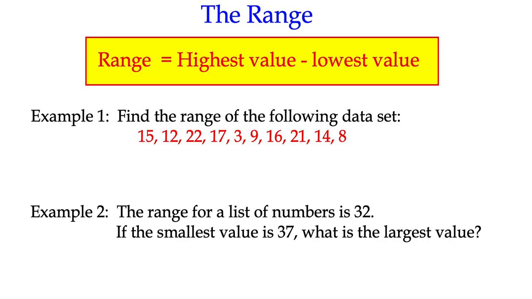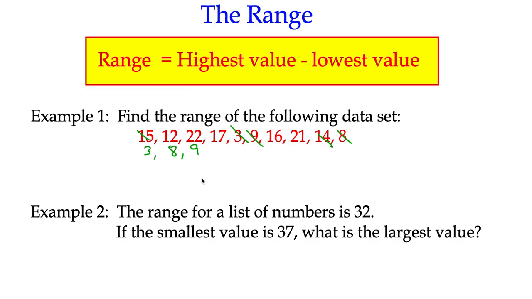With this data set here, I'm just going to quickly rearrange it. I've got 3 as my lowest value. I've got 8 and 9, both single digit values. I've got 14 and then 15. Oh, I've got 12 there. I didn't spot that, and that's one of the reasons why it's good to write them out and not just use your eye.